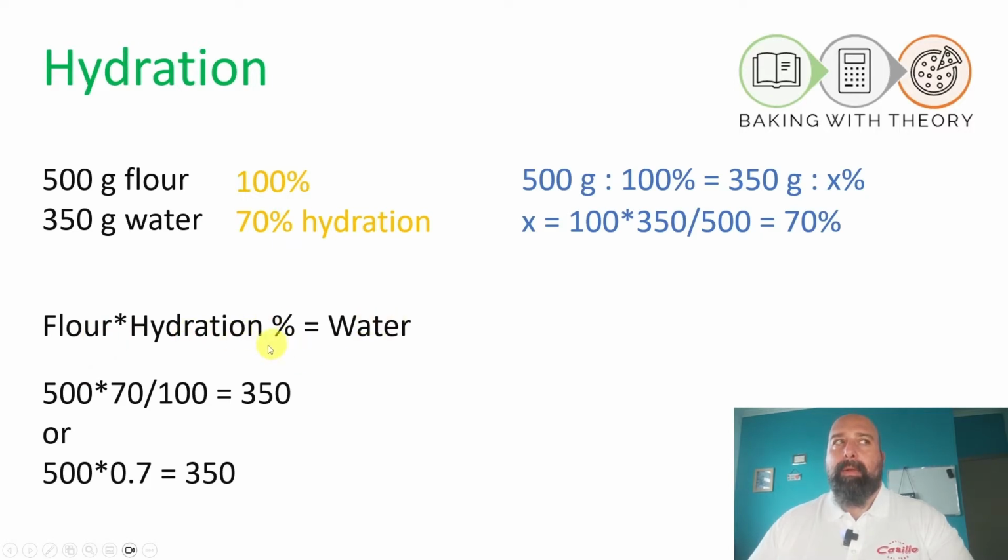So in this case it will be 500 times 70 divided by 100, that is equal to 350, or we can simplify this division here, 70 divided by 100, like 0.7.